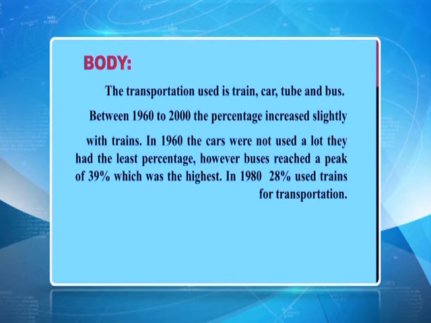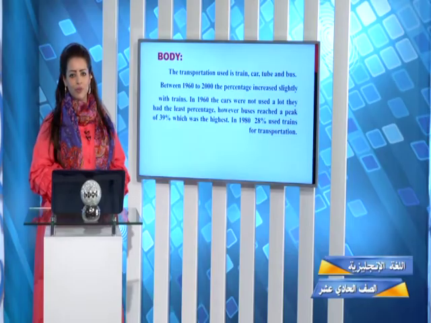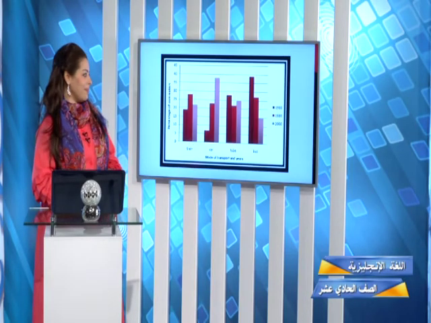You can see that I'm doing some comparison, right? In 1960, the cars were not used a lot. They had the least percentage. However, buses reached a peak of 39%, which was the highest. In 1980, 28% used trains for transportation. You can add if you would like to, okay?